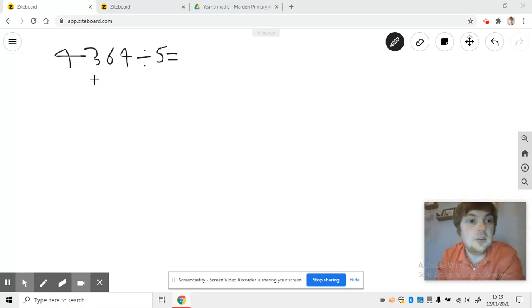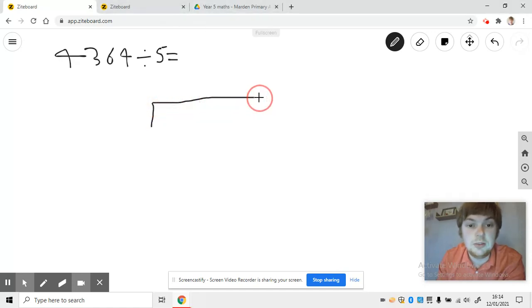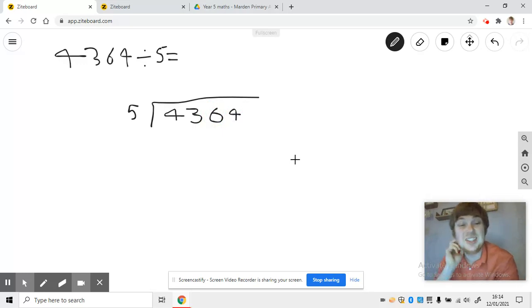So you can see here we've got the question 4,364 divided by 5. So the first thing we know is to do the short division bus stop method. Okay, so we know our number that we're dividing by goes on the outside, and the number we are dividing goes underneath. Now, if you recall what we said we would do on Thursday, is actually to list the multiples of the number we are dividing by.